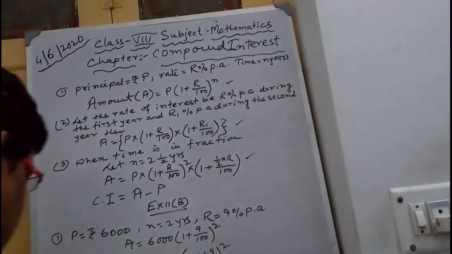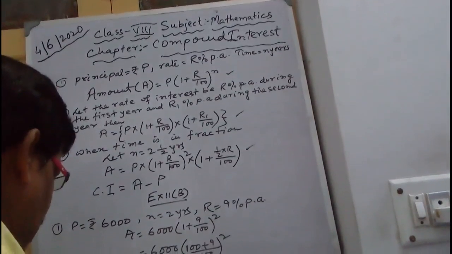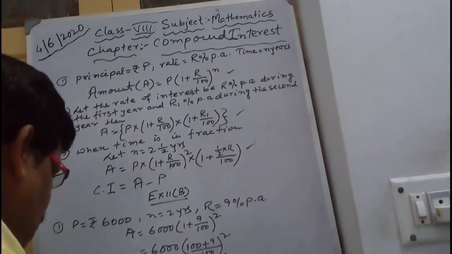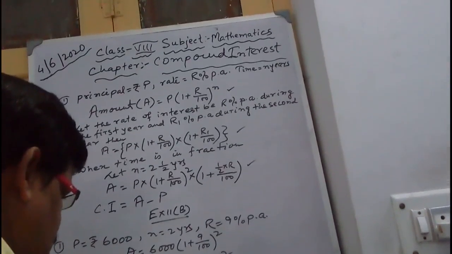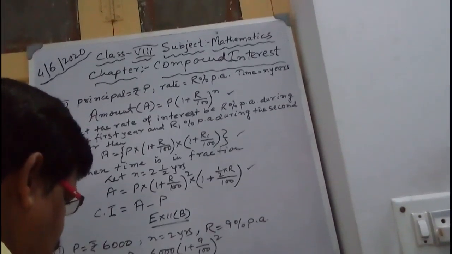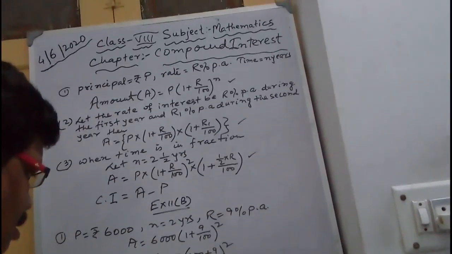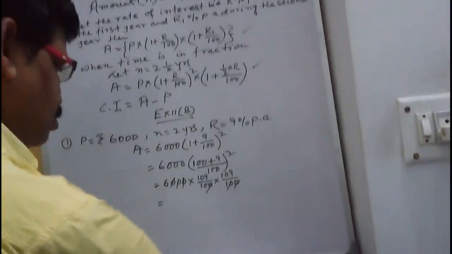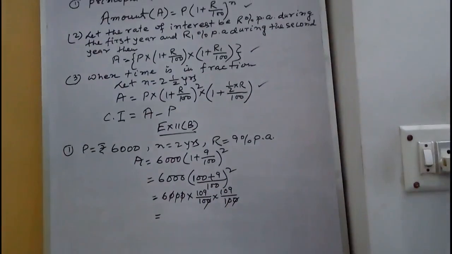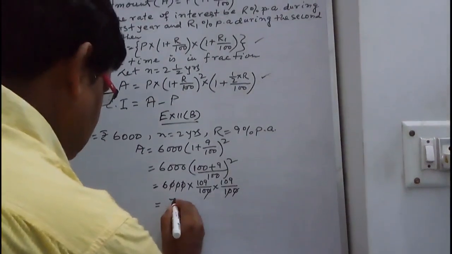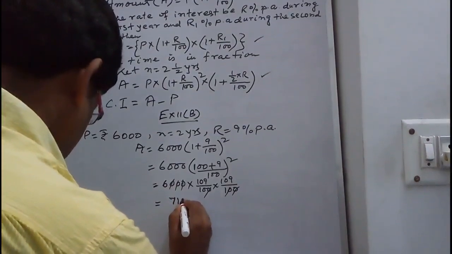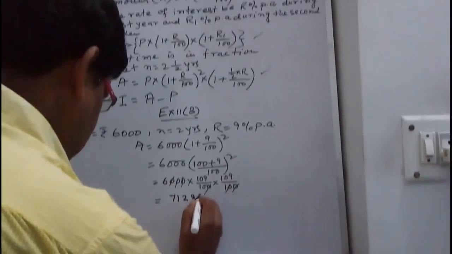Now multiplying 109 with 109 with 6, we get 71286.